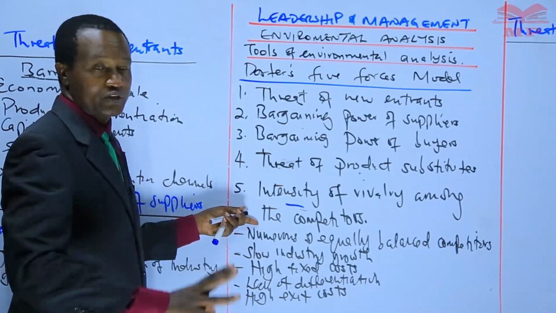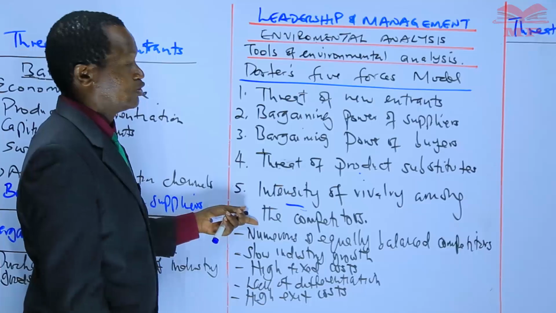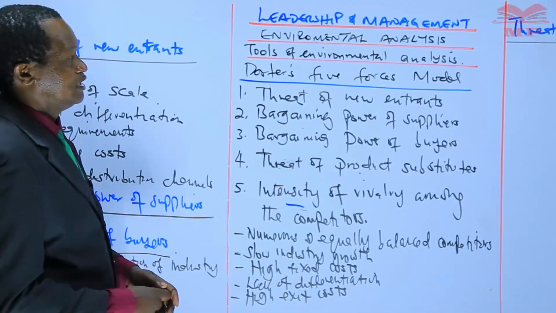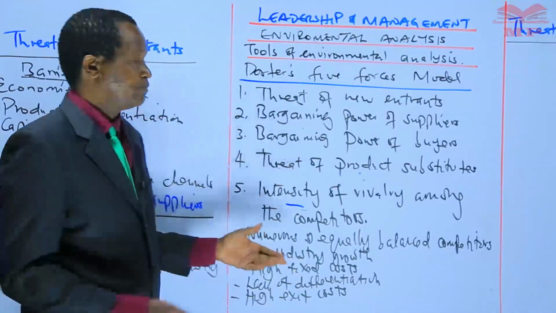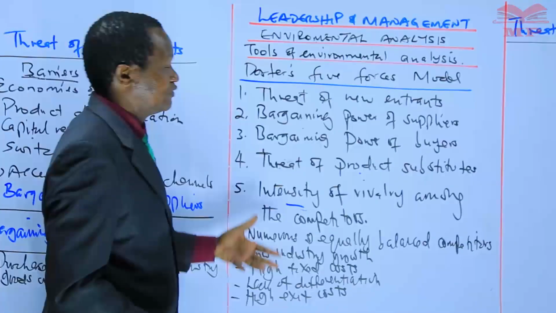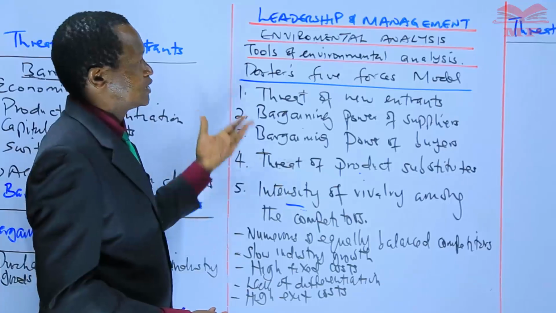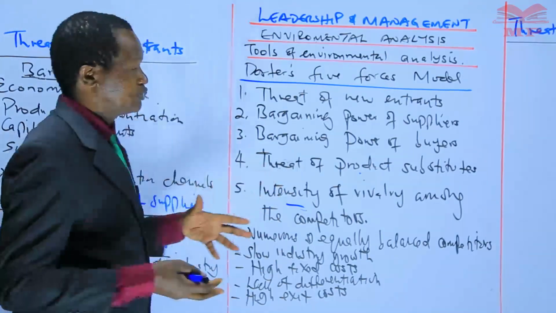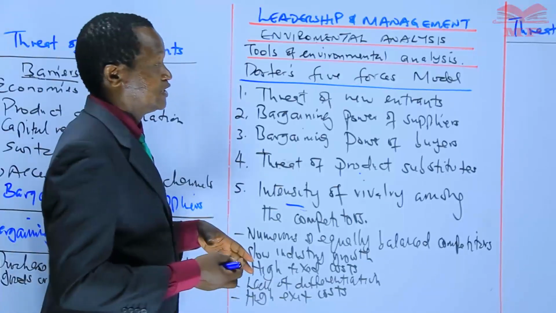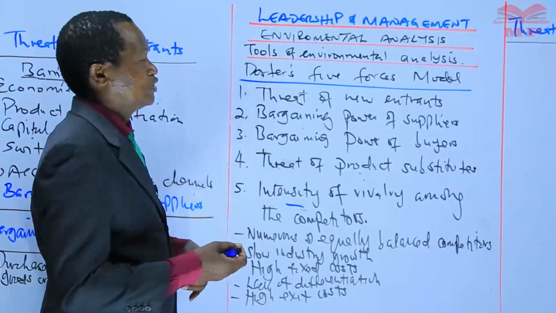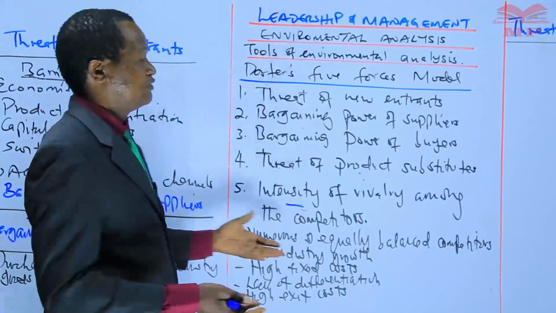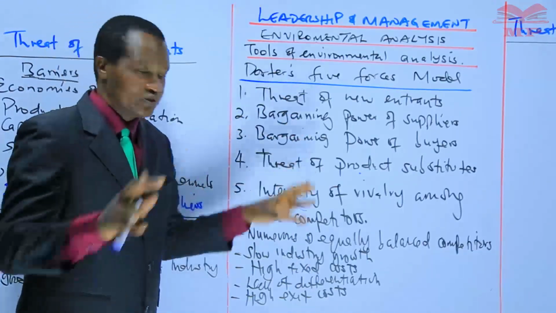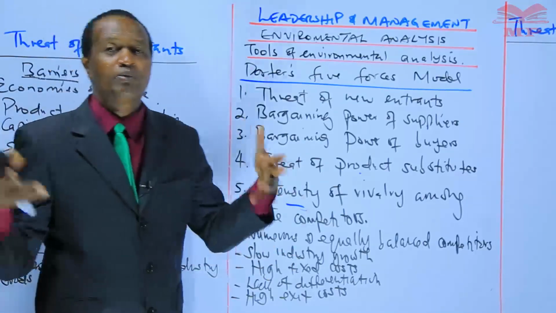So to remain afloat, to remain in the industry or to meet the company's objectives, it may be important that a business from time to time analyzes some of these forces. Porter's 5 forces model is a tool that can be used by a company to craft its strategic direction or to ensure that the company meets its objective. And you can see it's very important, candidates, to analyze the industry within which the company operates.